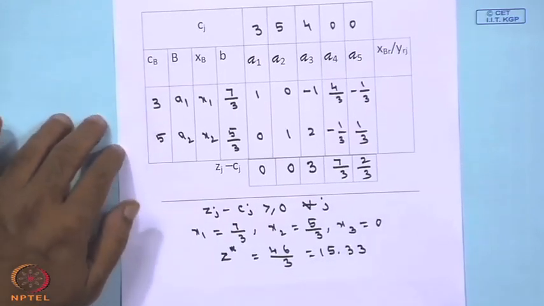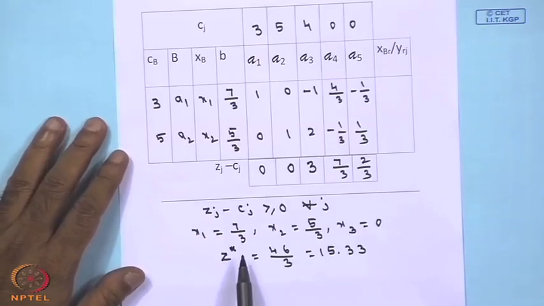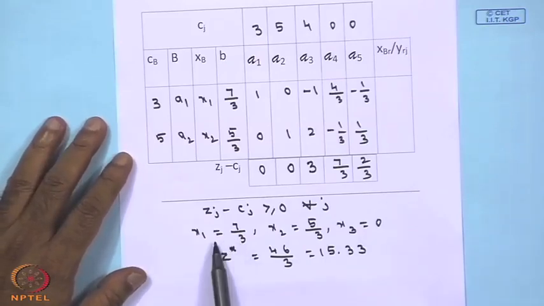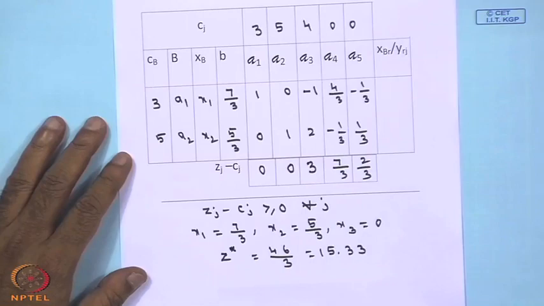So, in other sense, the optimum solution of the original problem is I have to produce 7 by 3 units of product X and 5 by 3 units of product Y, and 0 unit of product Z to get a maximum profit of 15.33.